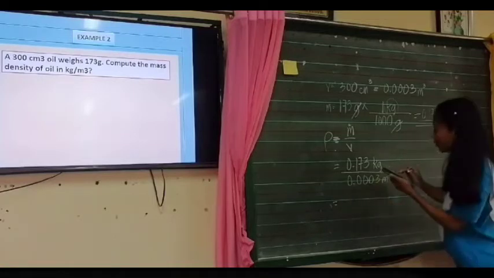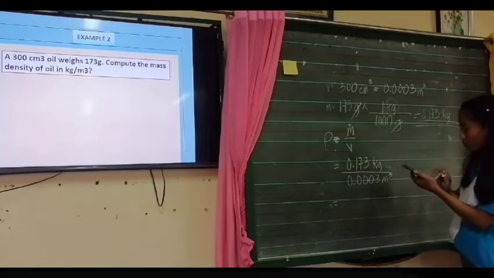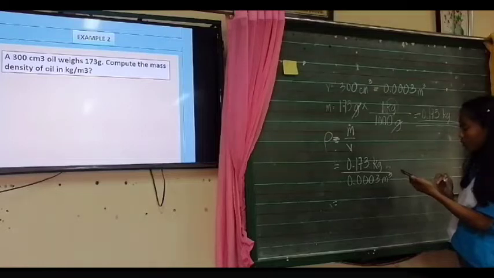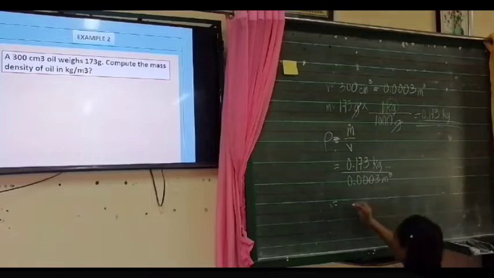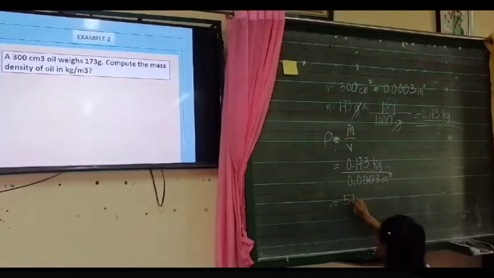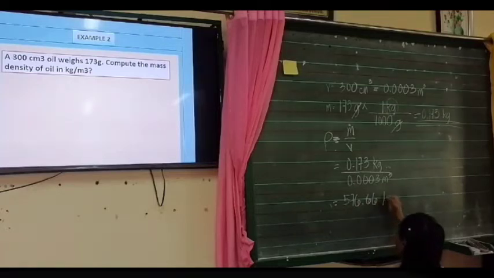We have 0.173 divided by 0.0003. We have 576.66 kilograms per cubic meter.